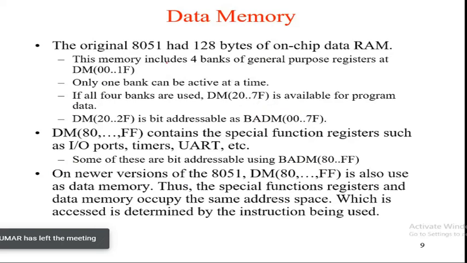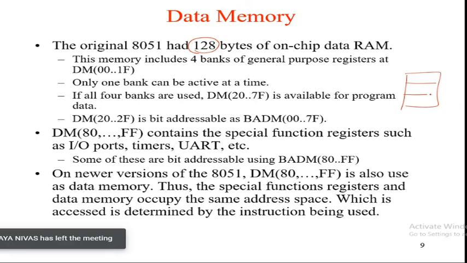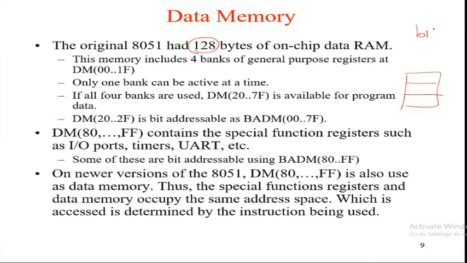And how are we going to organize this total of 128 bytes? As I already told, we have 128 bytes of RAM, and this 128 bytes is organized in different ways. Some are bit addressable and some are byte addressable.